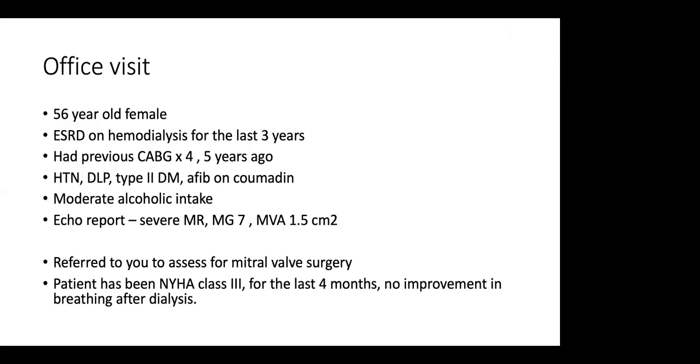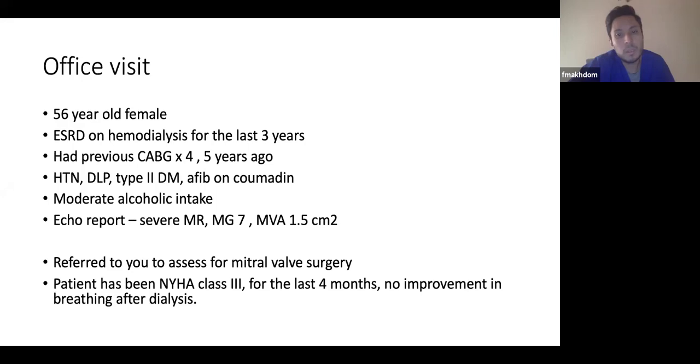I need to do physical examination for her, assess if there is any history or any defect from a previous stroke or TIA, cardiovascular examination and lower limb examination for edema and peripheral pulses. So she's moderately obese with grade 1 to 2 pitting edema.